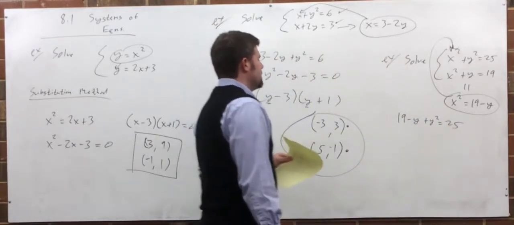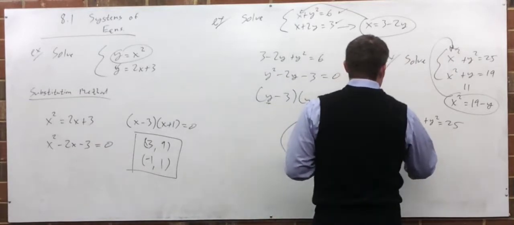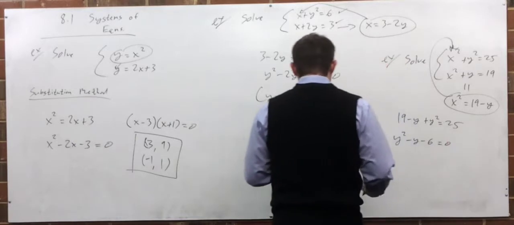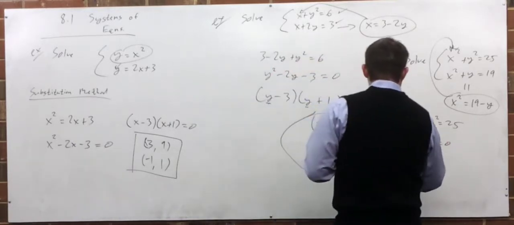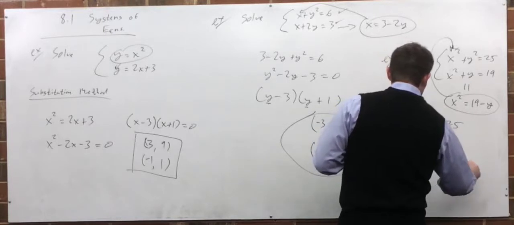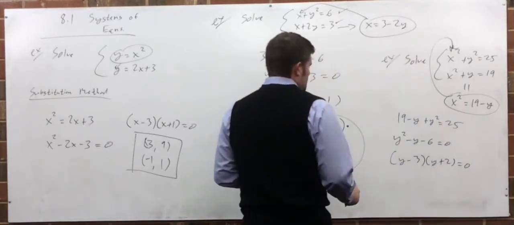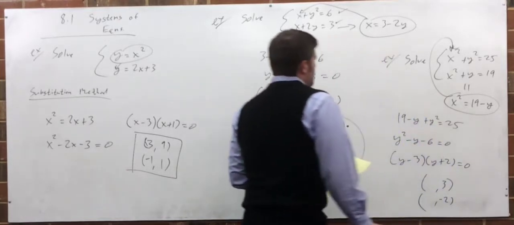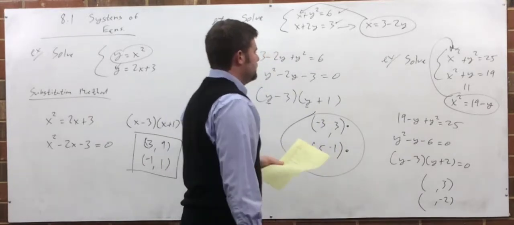From that point forward, it's the same thing. Y squared minus y, looks like it's going to be a minus 6 equals 0. Factors again into y minus 3, y plus 2. So we have y values of a positive 3 and a negative 2. And again, we're solving to find our x's.